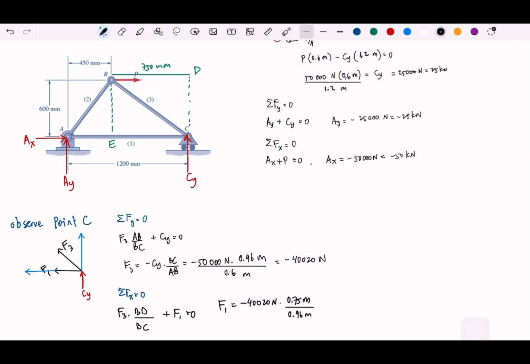This should be the F1, which should be positive because the F is already negative, so this should be positive. So 3, 1, 250 Newton.